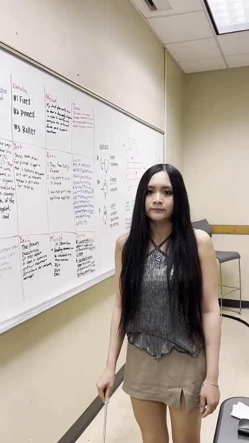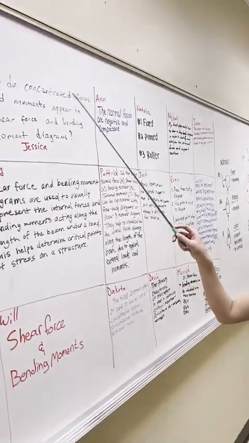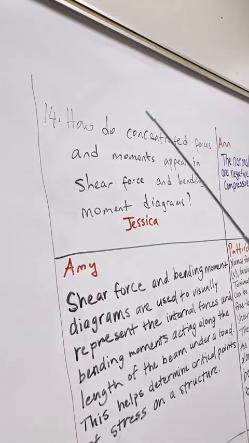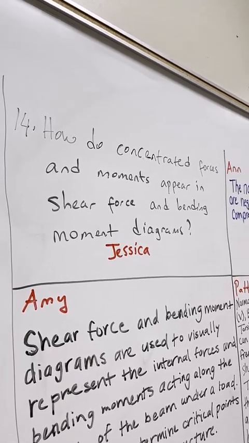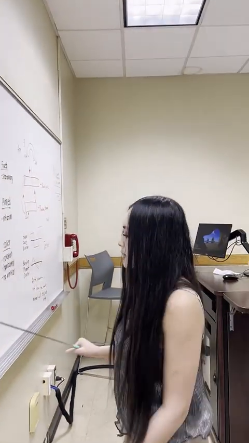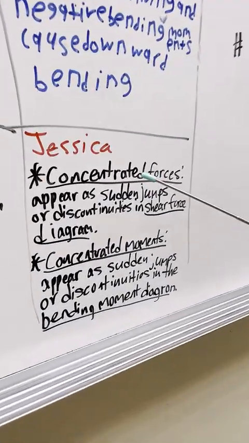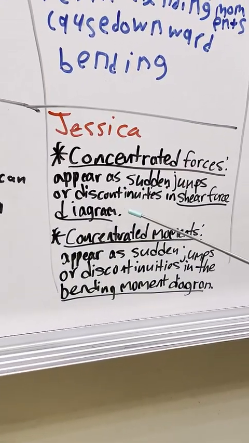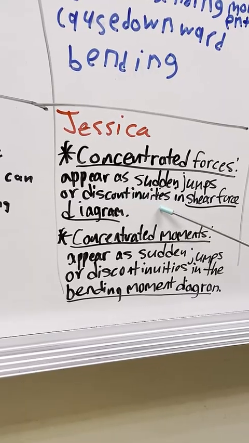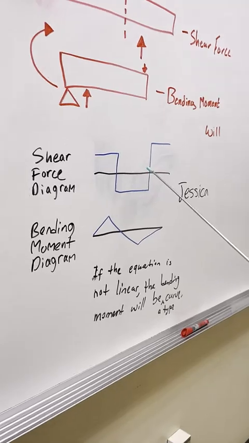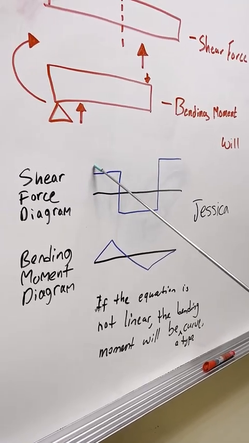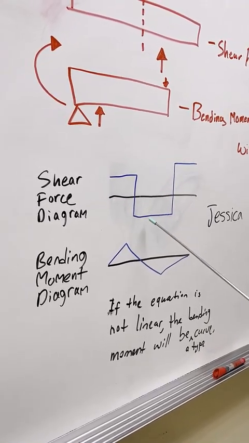Thank you. Okay, hi, my name is Jessica Song, and my question was 14. How do concentrated forces and moments appear in shear force and bending moment diagrams? And over here you can see that concentrated forces will appear as sudden jumps or discontinuities in the shear force diagram. So as you can see over here, it's linear and then it's going straight down.